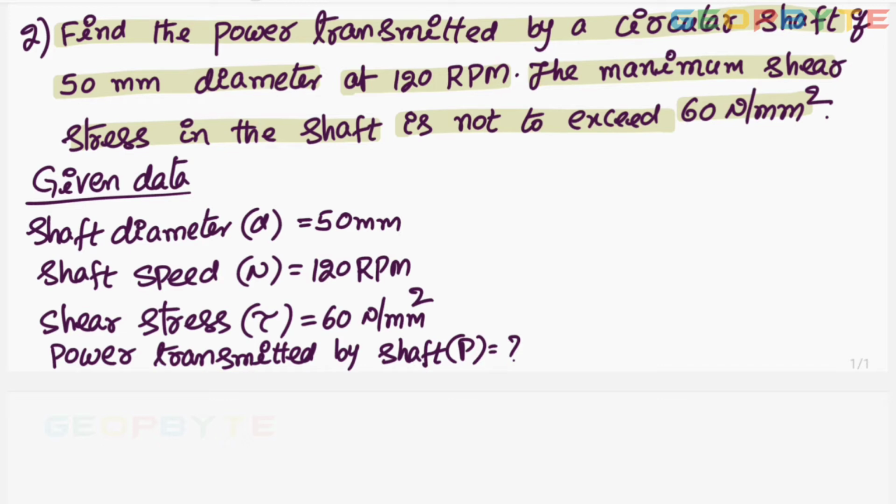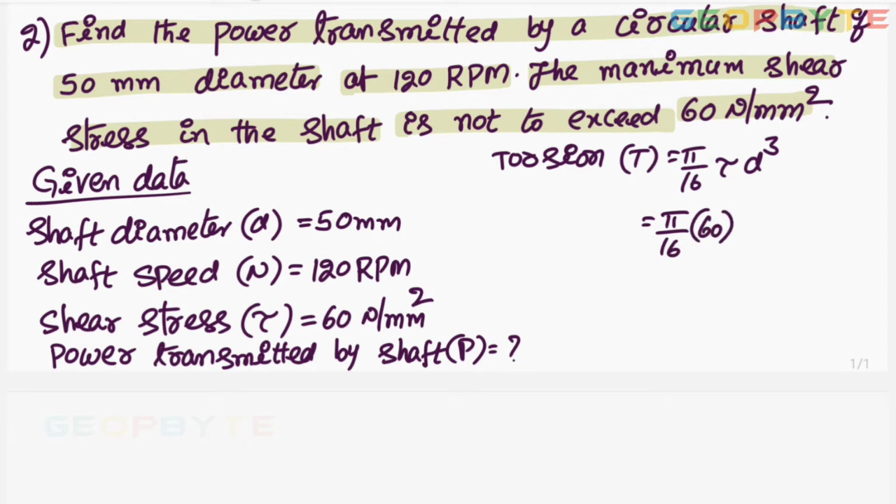First let us find the torque. Torque T equal to pi by 16 into tau into d cube. Pi by 16, tau 60, into d cube, 50 cube. You simplify this value for getting the torque around 1471870 approximately Newton mm.